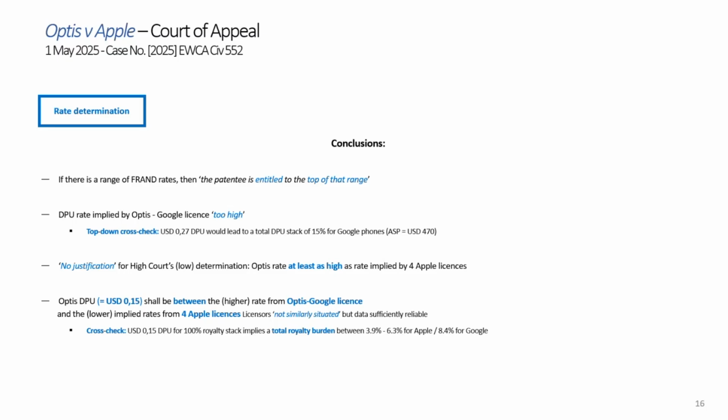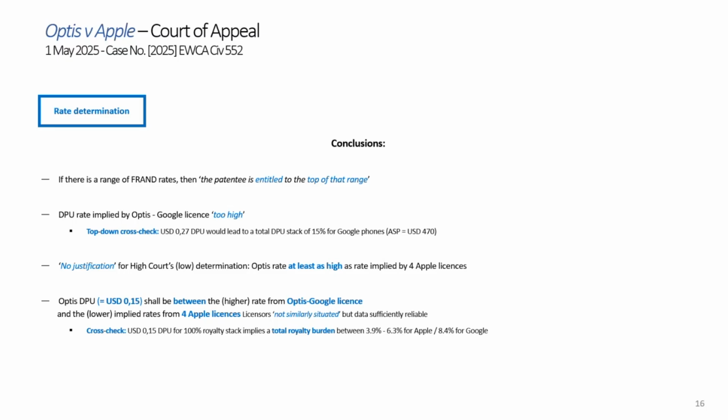Then the question was, what are the rates coming from the Apple licenses? Are they good enough? Can you go lower than these rates, as the High Court had done? The Court of Appeal found that the rate that Optis is entitled to should at least be as high as the rate implied by the Apple licenses.